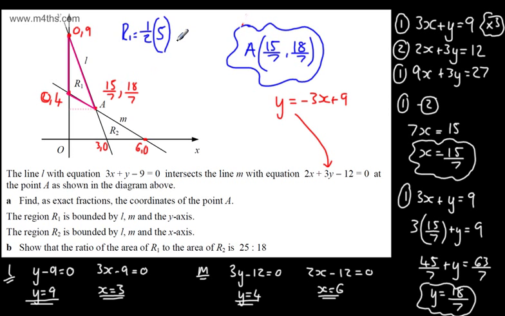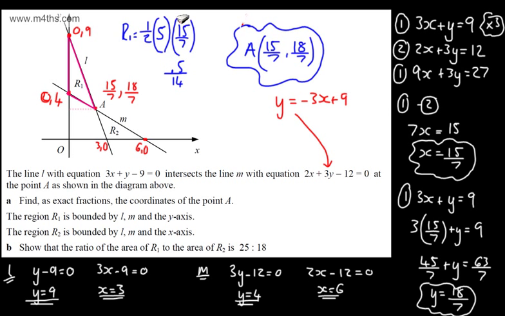The perpendicular height is going to give me now the 15 over 7. It's the x coordinate just here. So we can write this as 15 over 7. So that's going to give me now, what are we going to have? We're going to have 5 times by 15, which is 75 over 14. So that's going to give me 75 divided by 14. So that is the area.